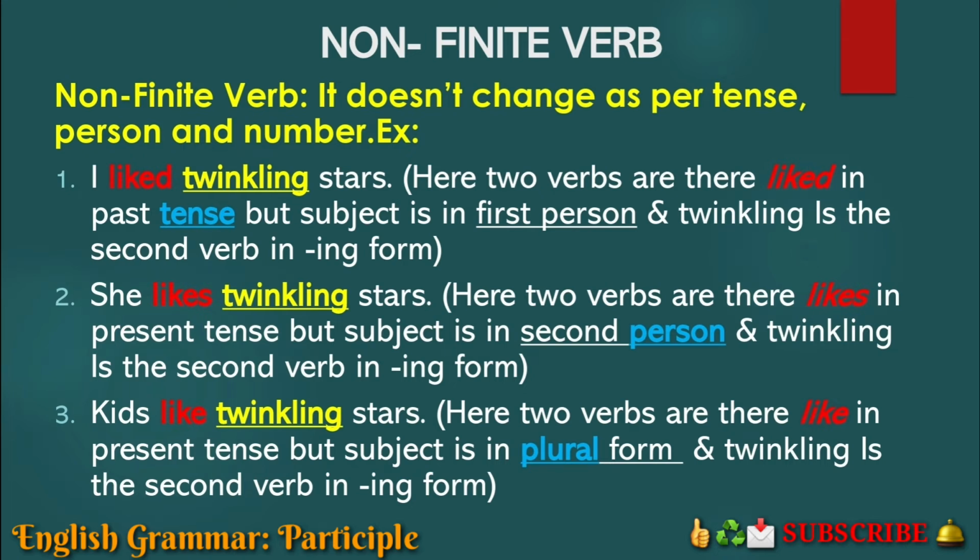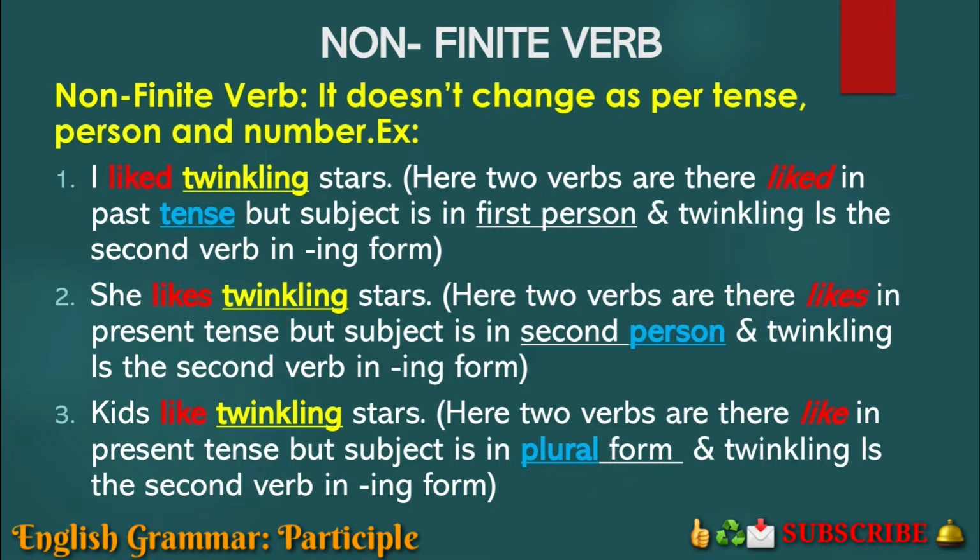Students, a non-finite verb doesn't change as per tense, person and number in the sentence. For example: I liked twinkling stars. Students, in this sentence, we can see two verbs. One is liked and the second one is twinkling.